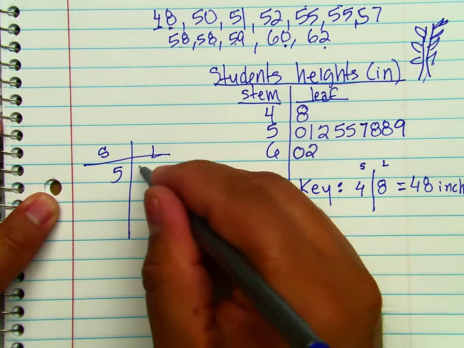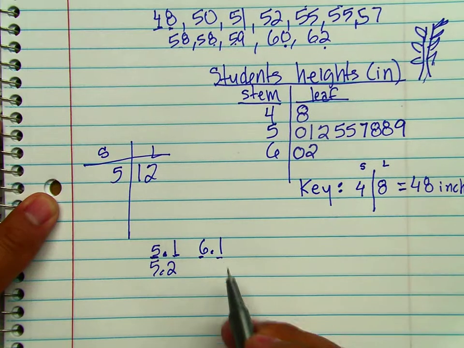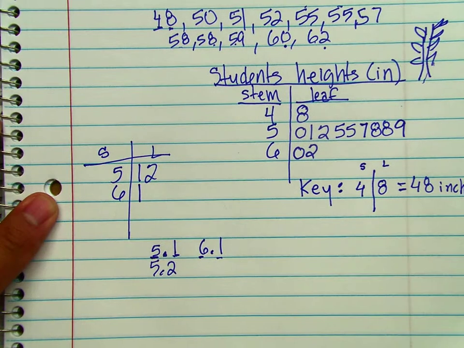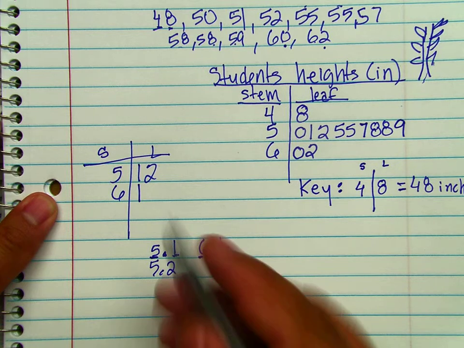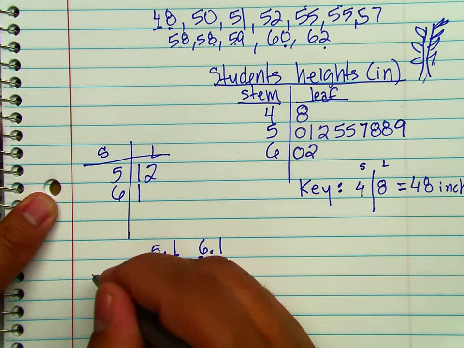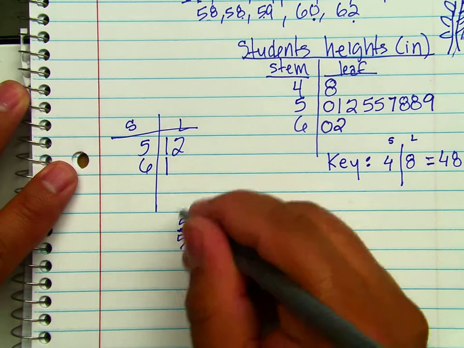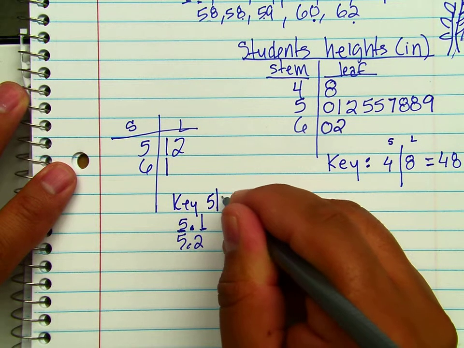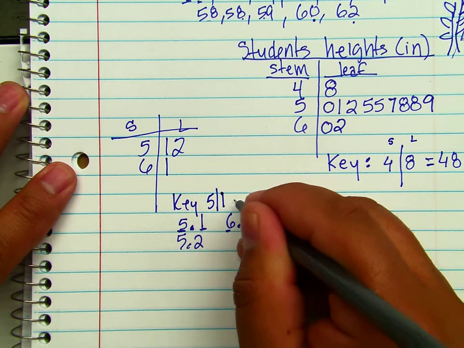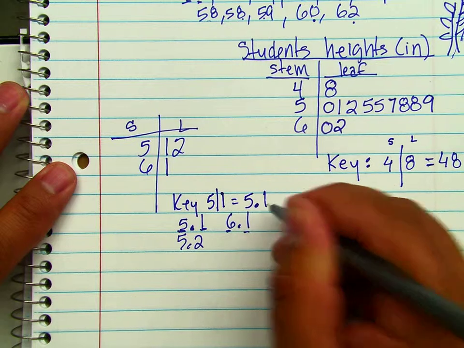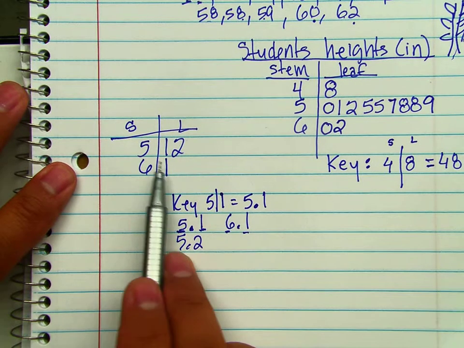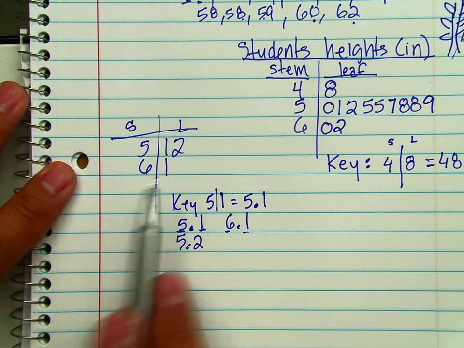And then we have 1/10 and 2/10. And then same thing here, 6, and then 1/10. The way we can show that is, our key will look the same way. So the key would show 5, 1 equals 5.1. So now you can tell by looking at the 5 and 1 that this is 5.1. That must be 5.2, and then 6.1, etc.